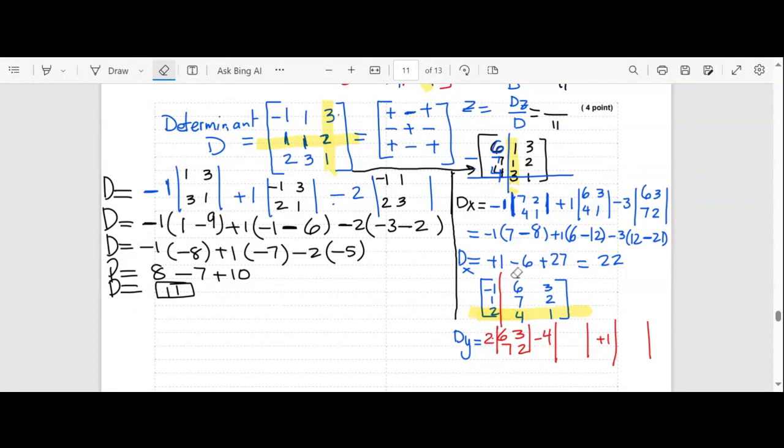Okay, you're done. Now you go to the next one. Hide the column, hide the row. -4. 6, 3, 1. +1. Hide the row, hide the column. 4, 6, 1, 7.